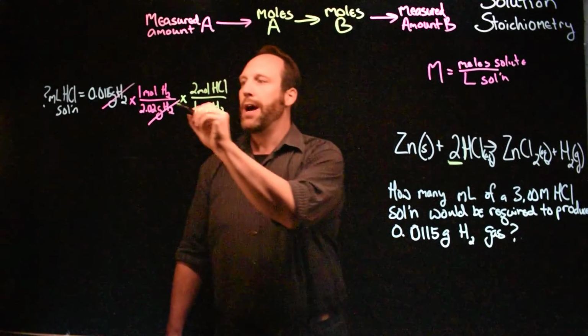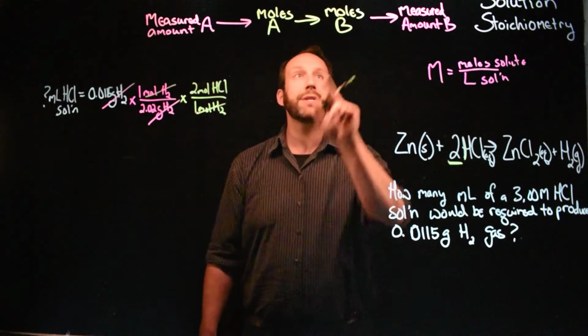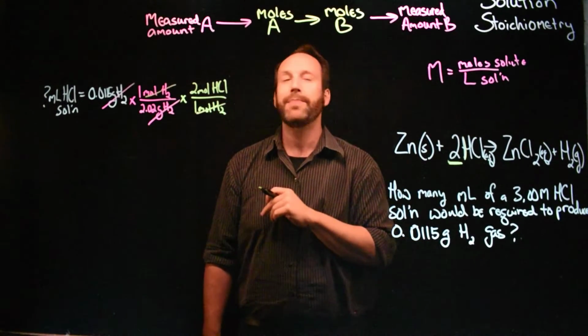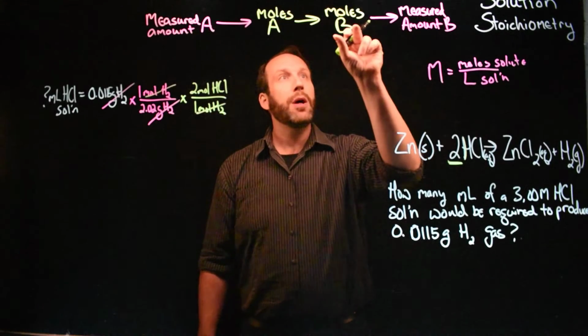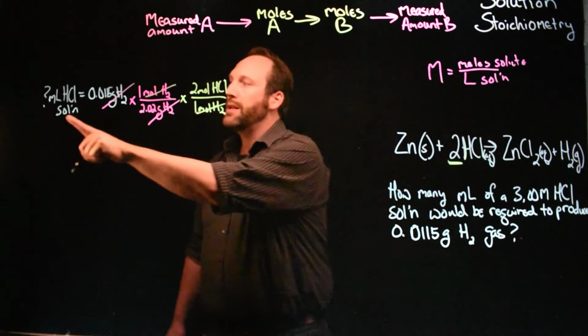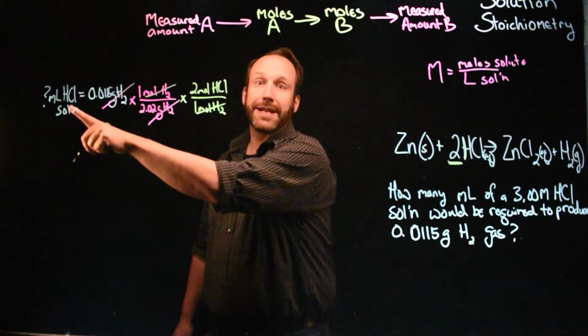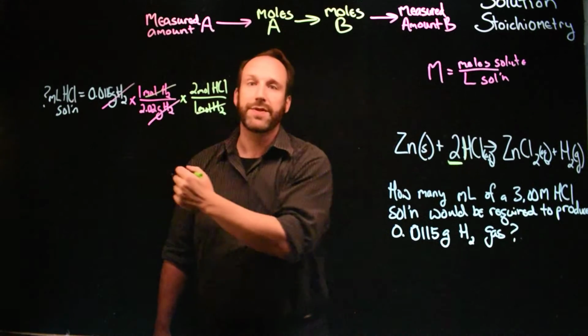All right? And so now moles of H2 and moles of H2 cancel, and so now we've got moles of HCl, or moles of our B. All right? And so now we want to go from moles of B into measured amount of B. Well, look what the unit or the type of measurement that we're trying to get to. It's a volume, okay? A volume of solution.